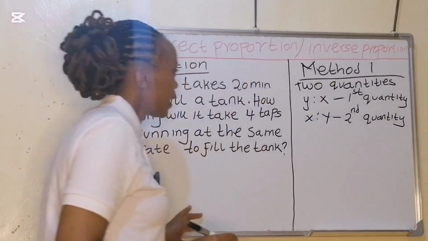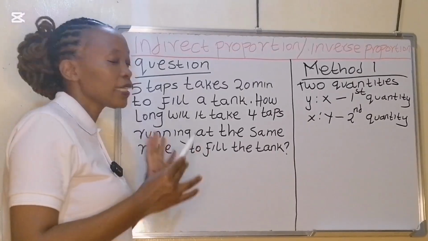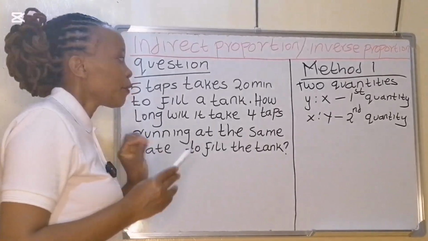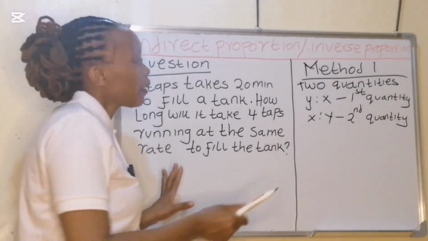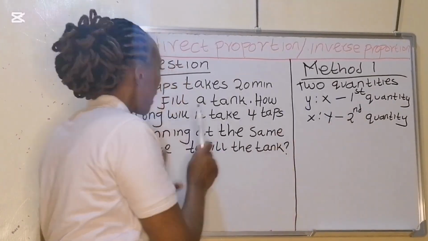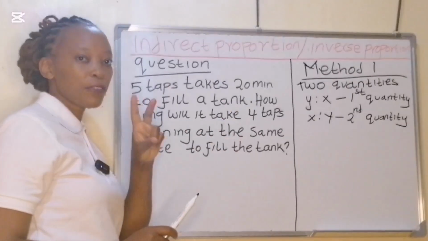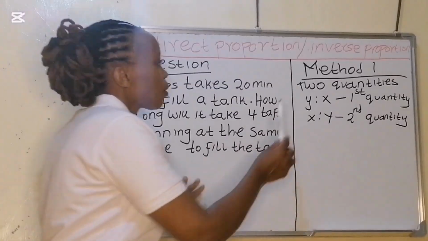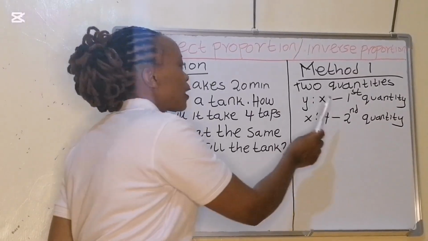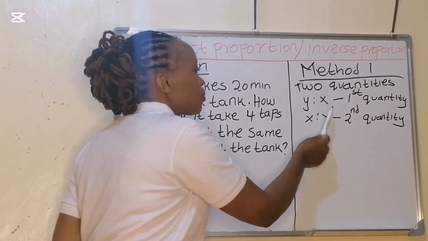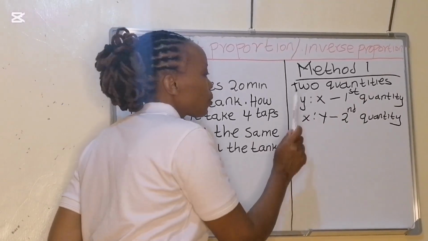Let me explain. In inverse, which is also known as indirect proportion, we are comparing 2 ratios. If the first quantity, like here we have taps and time, is the taps, and the ratio is y is to x, the second quantity will be x is to y.